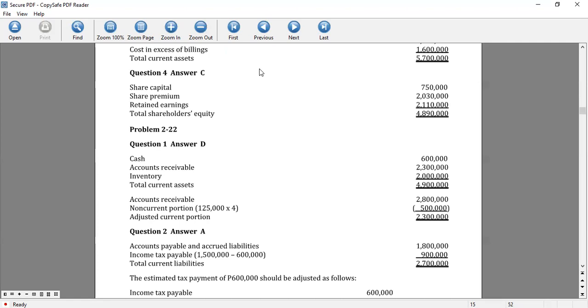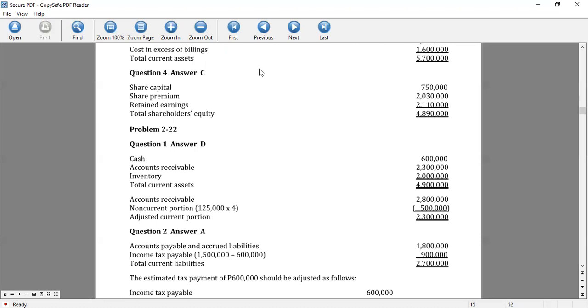Accounts receivable of 2.8 million, but we deduct the amount due in 1 year of 500,000. The adjusted current portion is 2.3 million. Total current assets of 4.9 million.